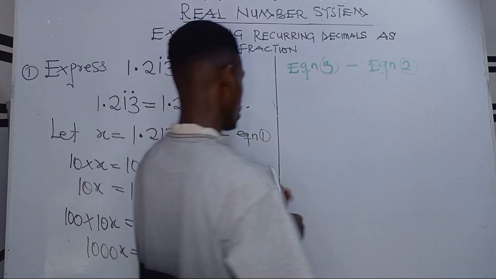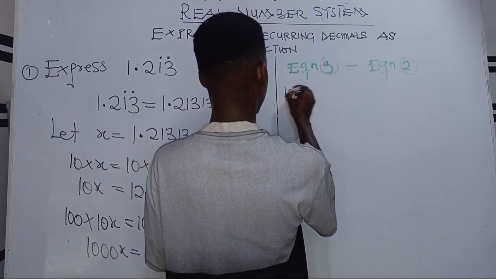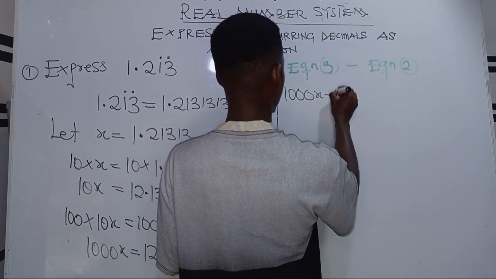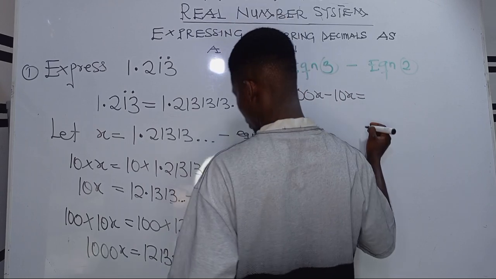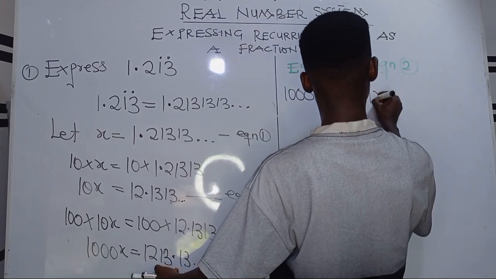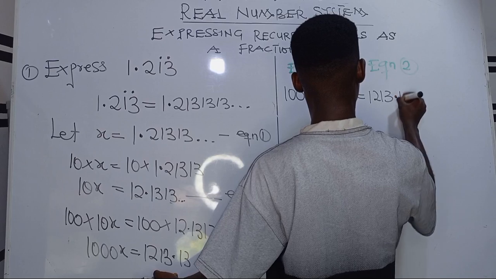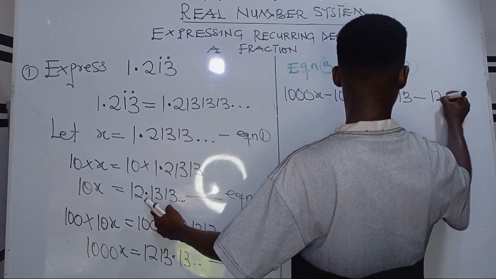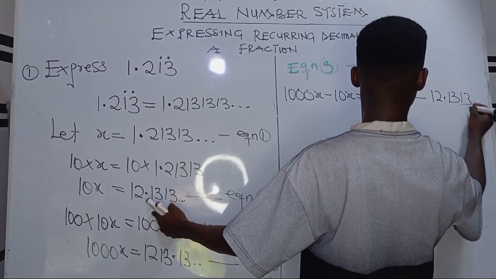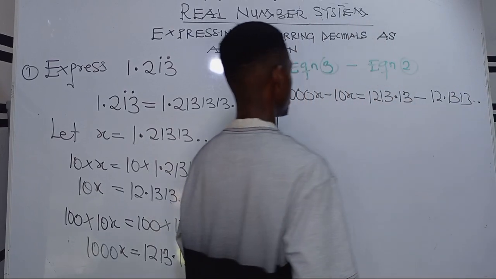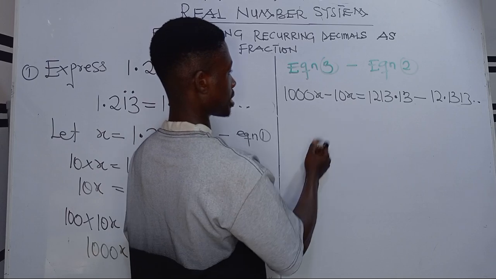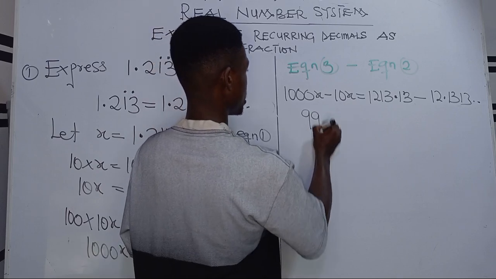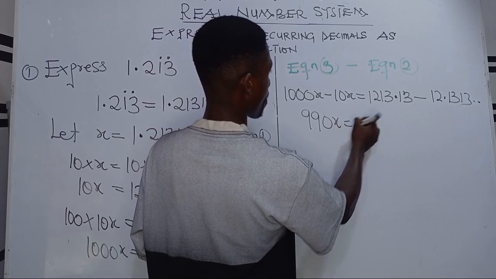So we have 1000x minus 10x is equal to 1213.13 minus 12.1313, all recurring up to infinity. So 1000x minus 10x will give us 990x.